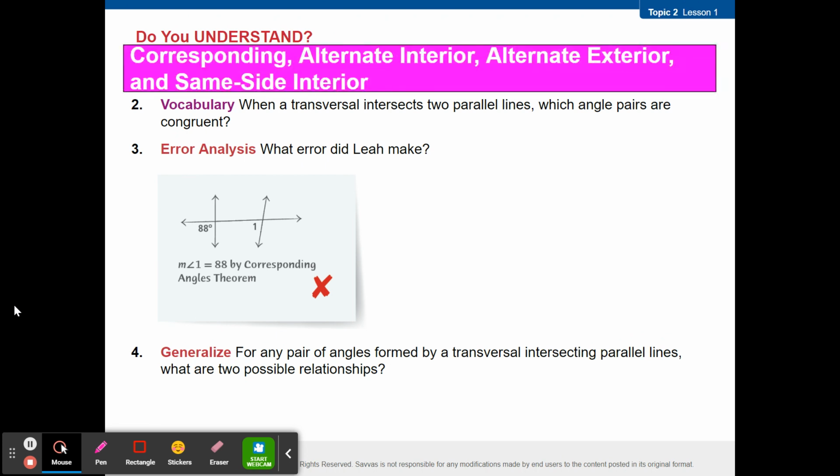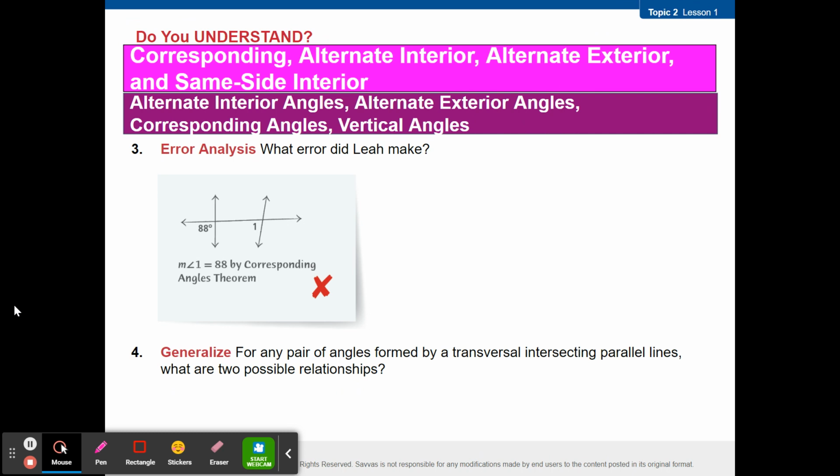There we go. Corresponding, alternate interior, alternate exterior is another one you're going to note, and same side interior. Very good. When a transversal intersects 2 parallel lines, which angle pairs are congruent? In this case, it's the alternate interior angles, alternate exterior angles, corresponding angles, and vertical angles. All those are congruent.